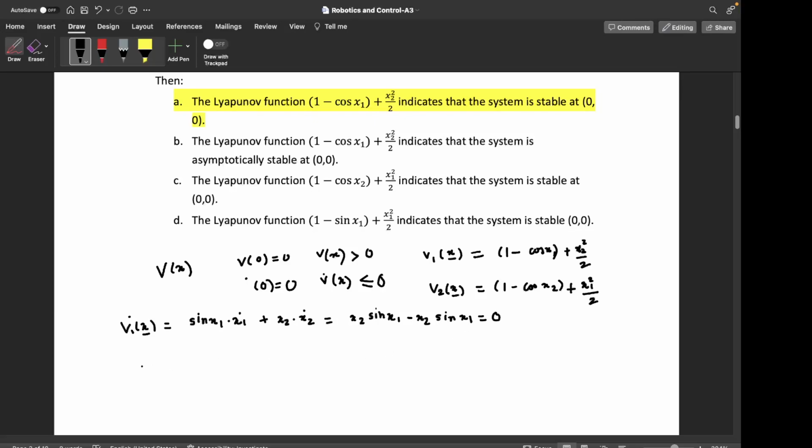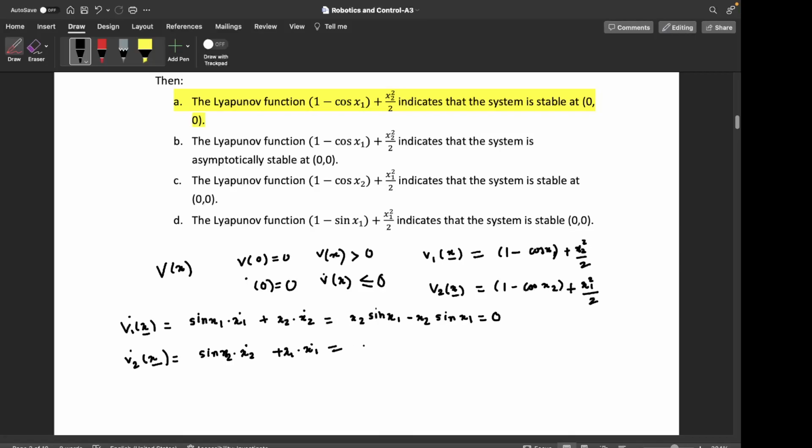And similarly, let's compute v2's differentiation with respect to time. So this will be sine x2 into x2 dot plus x1 into x1 dot, right?